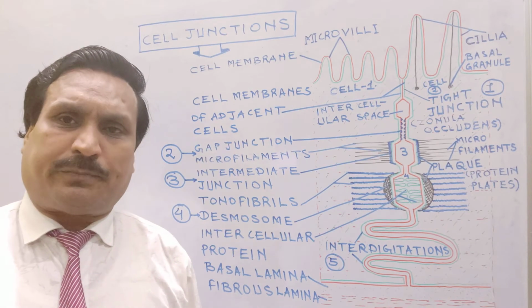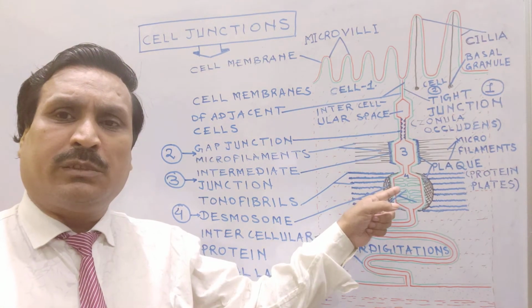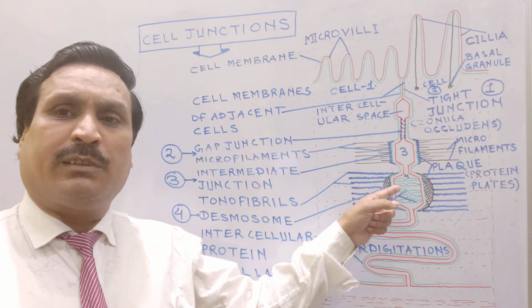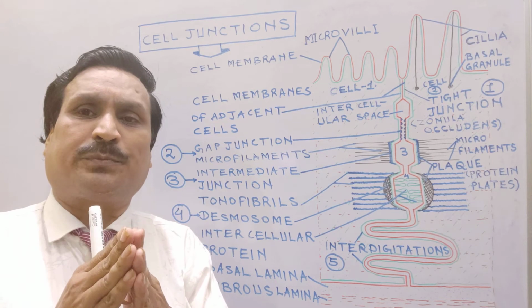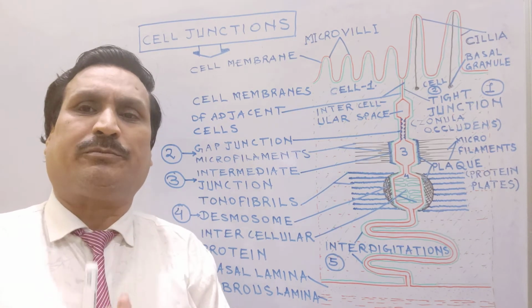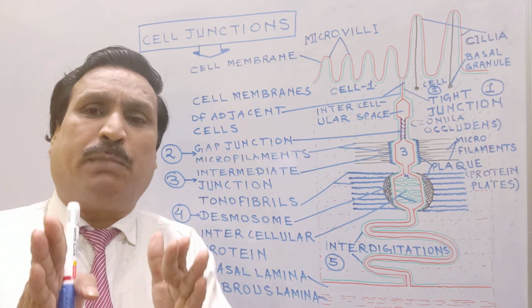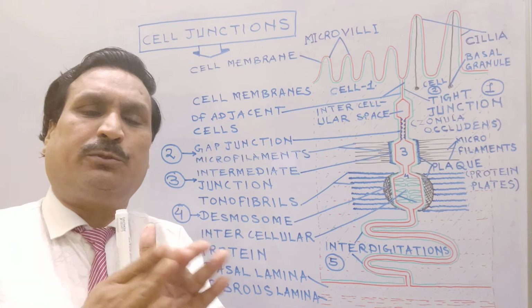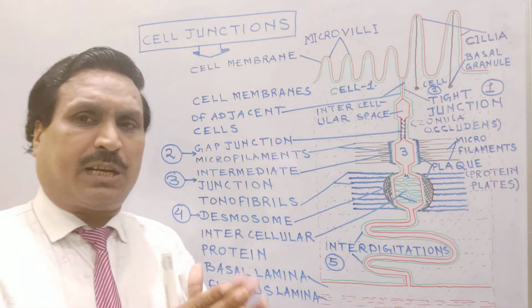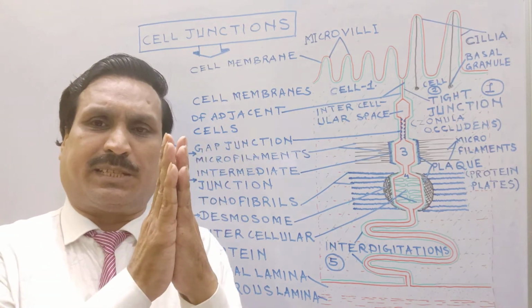You can understand this desmosome as if two sheets of cloth are tied with the help of a button-like structure. Consider one cloth is this and the other one is this.